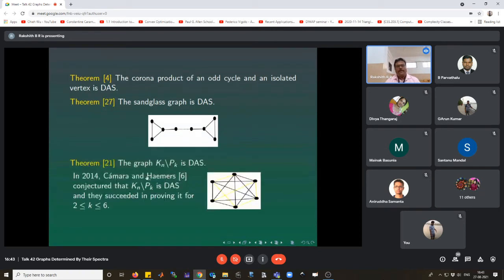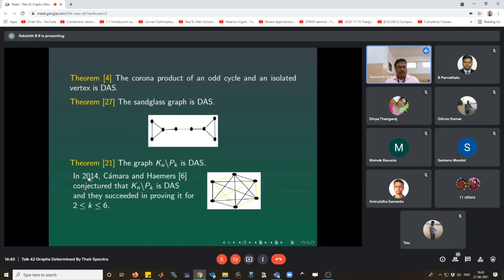And also a complete graph with a path removed, that is Kn minus Pk. You are removing a path of order k from a complete graph, and it is shown that the remaining graph is also determined by the adjacency spectrum.